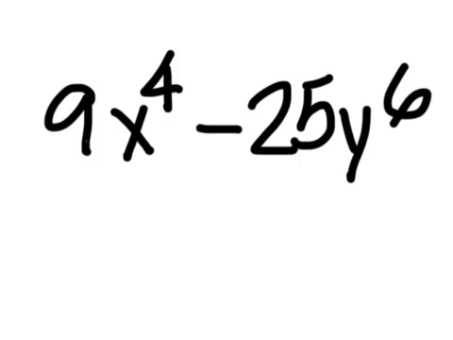Is it a cube or a square? Square. What about x to the 4th? Square. What about 25? Square. What about y to the 6th? Square. What's the square root of y to the 6th? Y to the third. So it's a difference of two squares.